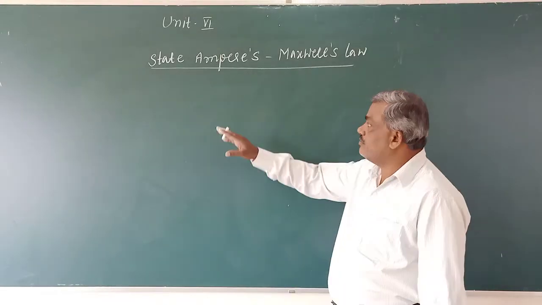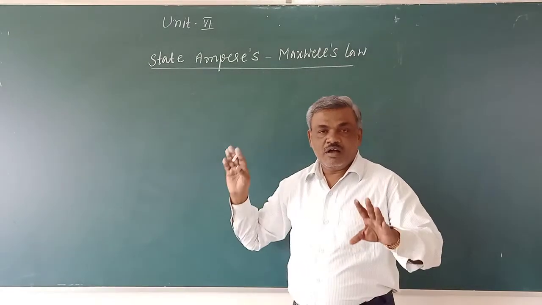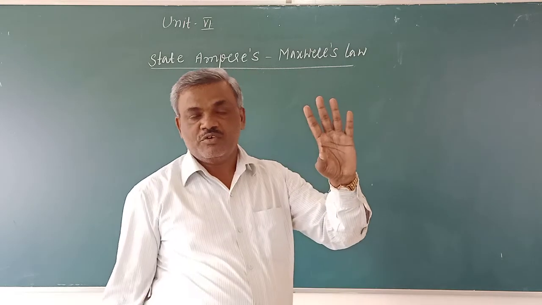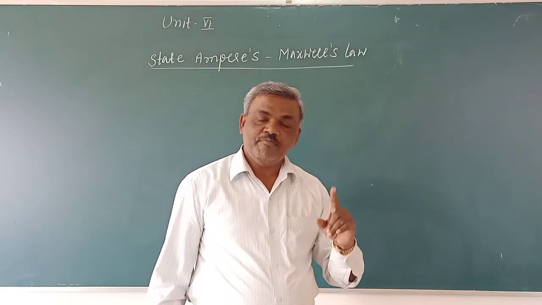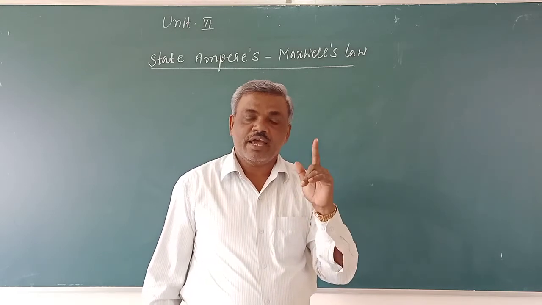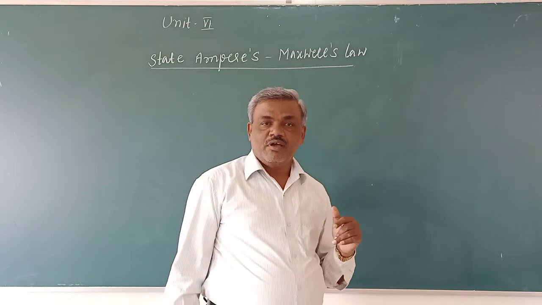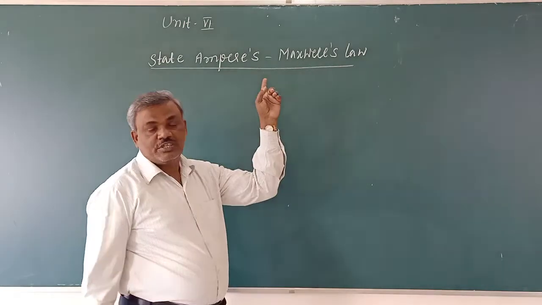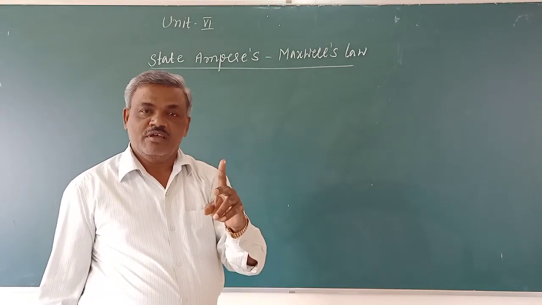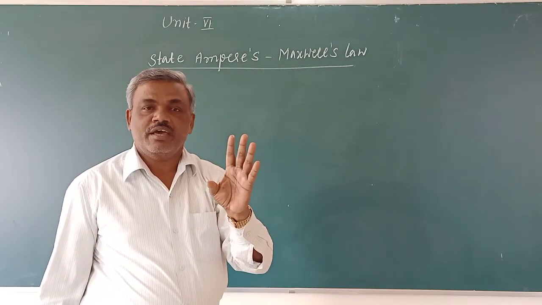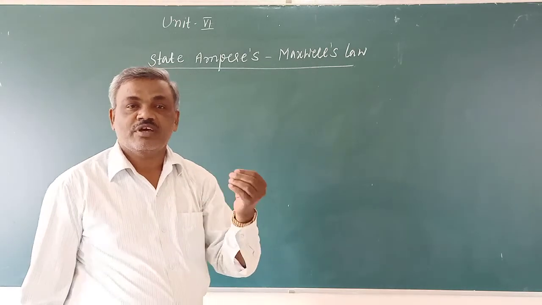Now the next concept: state Ampere's Maxwell law. Already you know Ampere's circuital law from unit 4, moving charge. Ampere's circuital law is used to calculate the magnetic field due to a current carrying conductor. According to the statement of Ampere's circuital law, the line integral of a magnetic field around any closed conductor is equal to mu naught times the total current passing through the conductor.